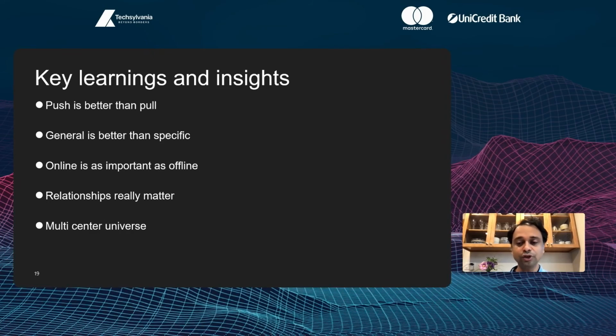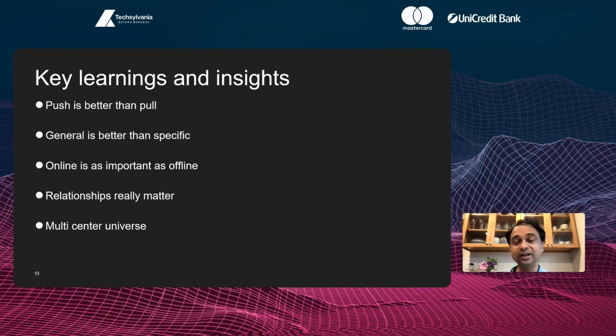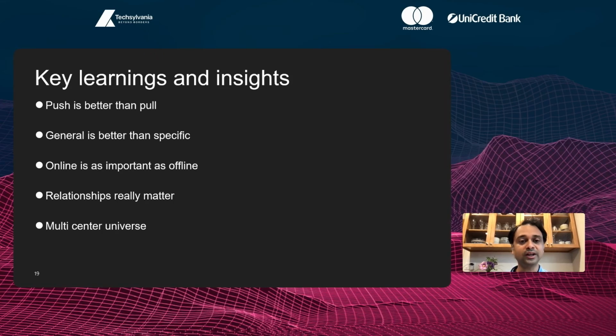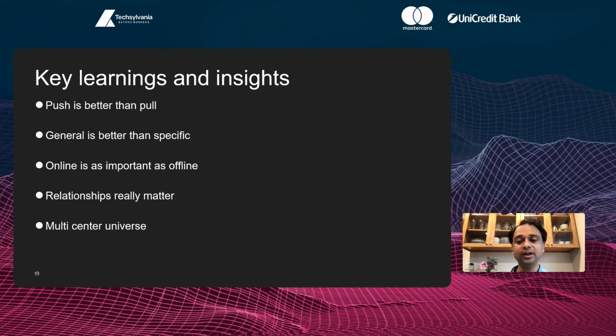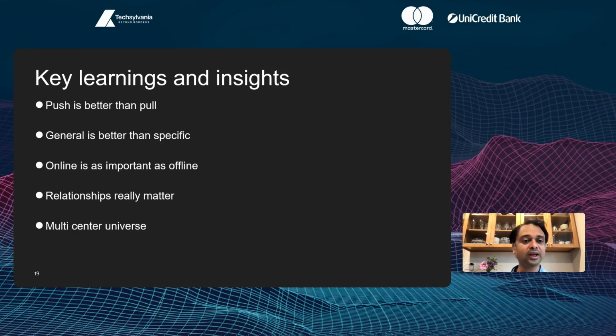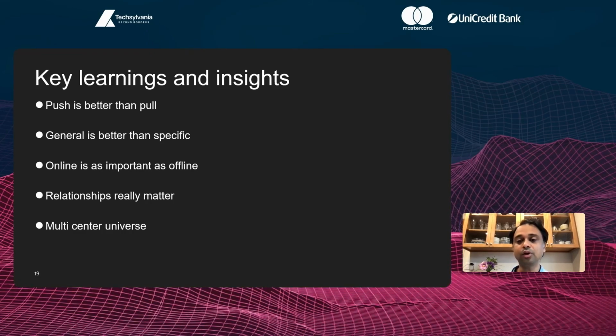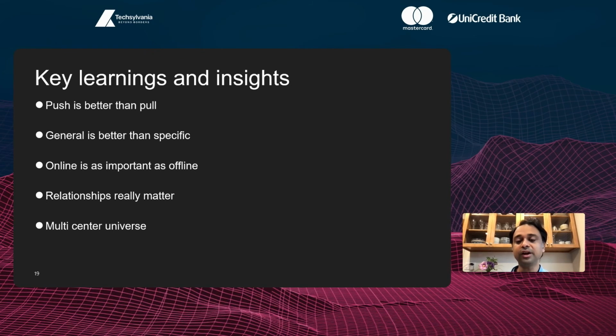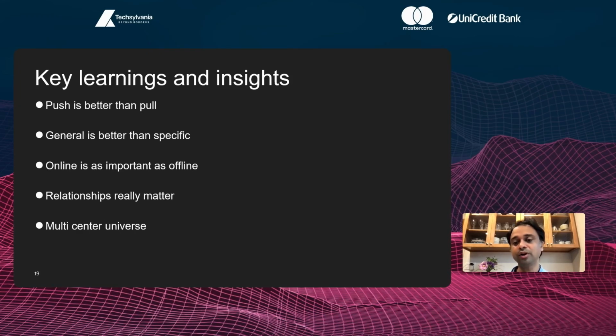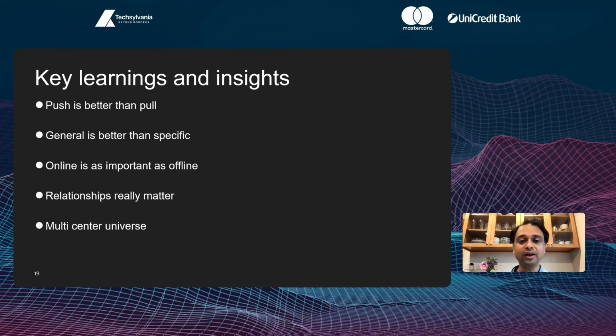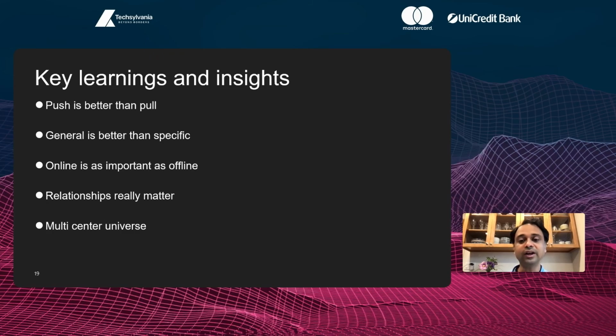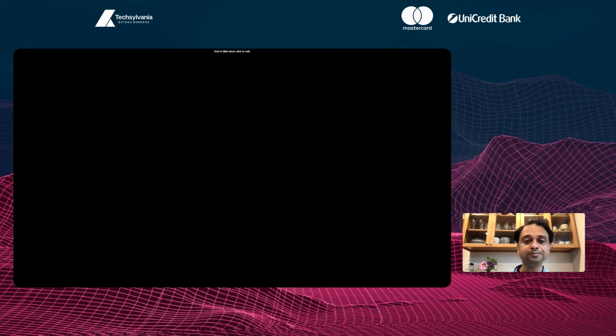Data sets are always going to be connected, and entities are always going to be connected with each other, and you want to design that model in as generic a way as possible. And online is as important as offline. You want that metadata relationship captured for offline analysis, but it's super important to make sure that the metadata can be served for online consumption as well.